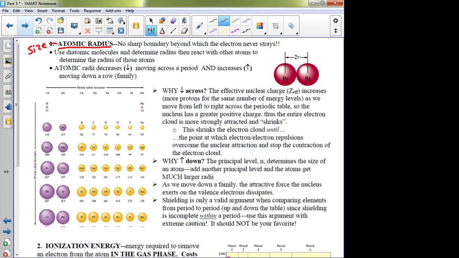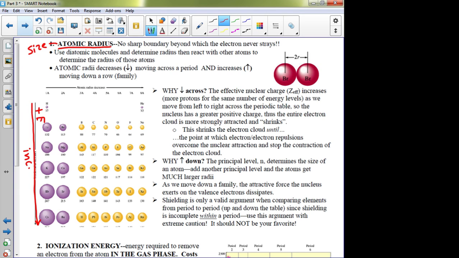As we go down the periodic table, our atomic radius increases. What argument do we use when we're going down the periodic table? Shielding or distance. Let's start with distance. Distance needs to be your primary. Shielding is what you can go to when you feel comfortable using it, but distance should be your primary. As I go down the periodic table, what am I adding?